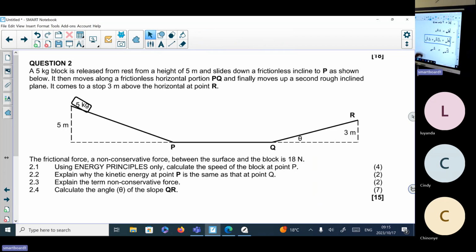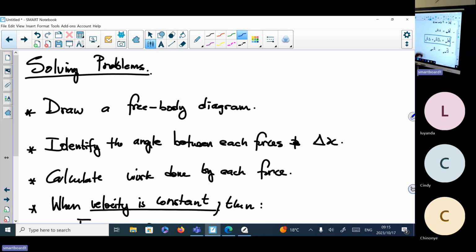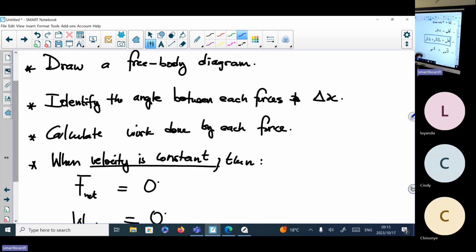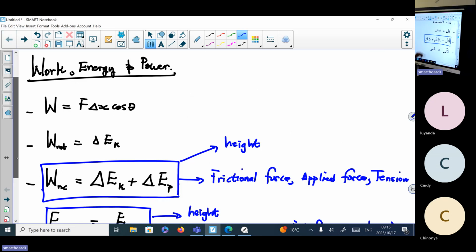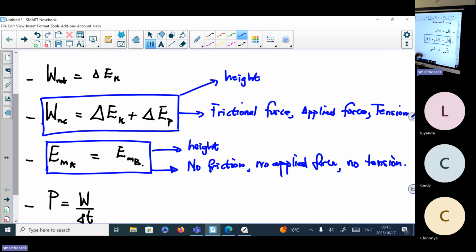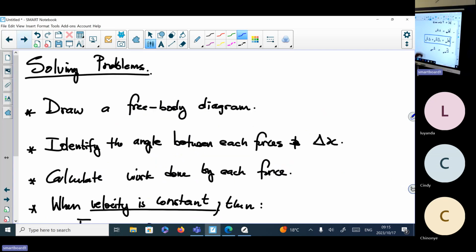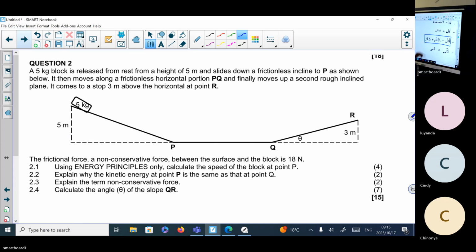Chichi, you were not there yesterday. I got your message. But let us look at what we're going to be speaking about here. Here is question 2, and then we look at these pointers that we've spoken about. You're going to be trying to apply this strategy here, and also remember that you're going to be looking at these two formulas where there is a height. So let us look at this question 2.